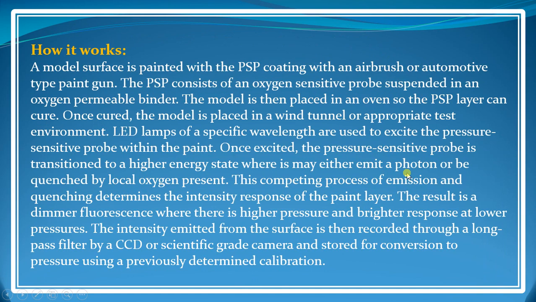Why and how does it work? The model surface is painted with the PSP coating with an airbrush or automotive type sprayer. This is an example for understanding the PSP. Okay, so just focus on what I'm saying. The PSP consists of an oxygen sensitive probe suspended in an oxygen permeable binder.